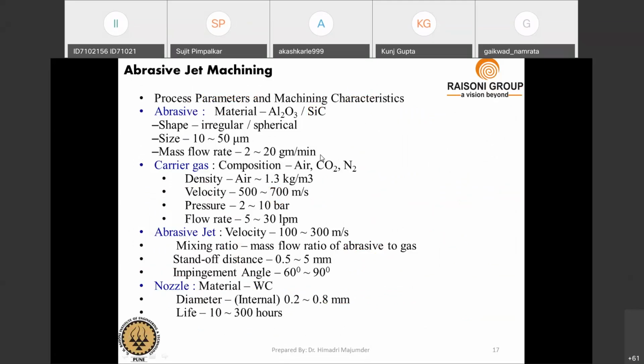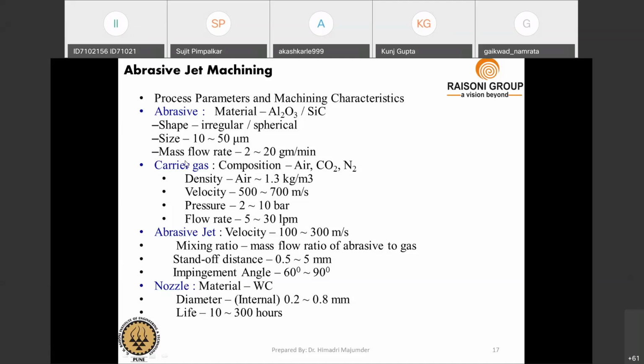How to make abrasive grit in a particular size, we already discussed in our previous unit on powder metallurgy, where we saw how to make powder of different sizes and shapes. The abrasive size may be 10 to 50 micron.